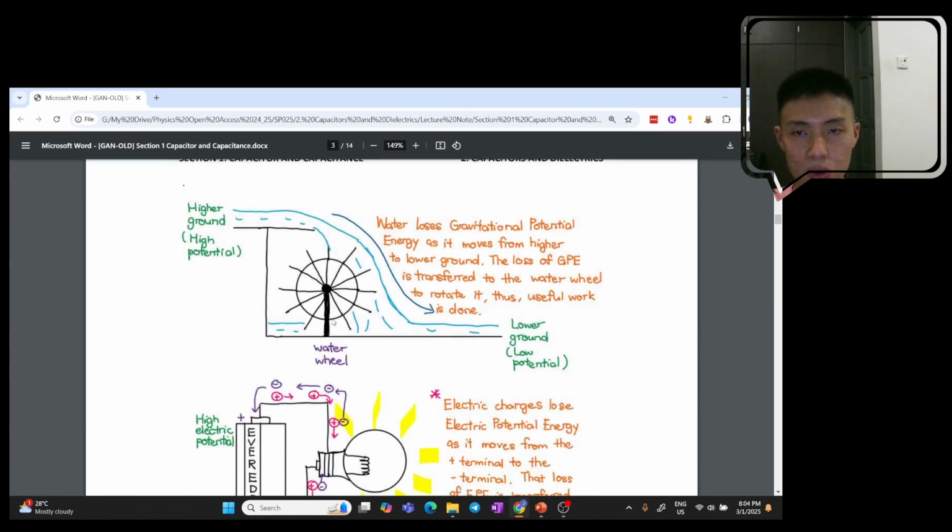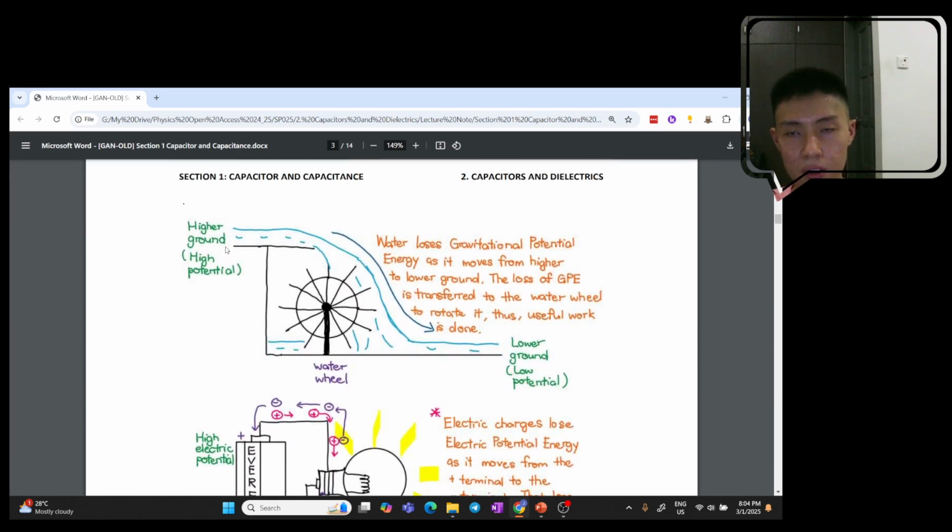Okay, so we know that if we have water flowing from higher ground to lower ground, the water will lose gravitational potential energy. Initially, the water is at the high place, so the h is big, so mgh will be big. So the gravitational potential energy of the water at higher ground will be a higher value.